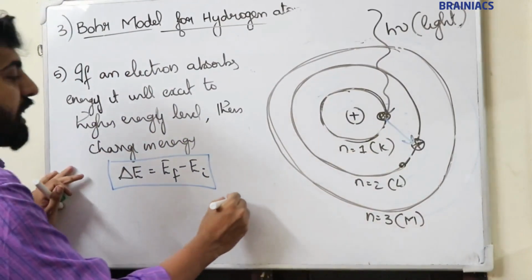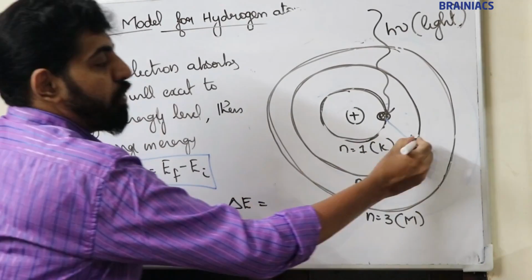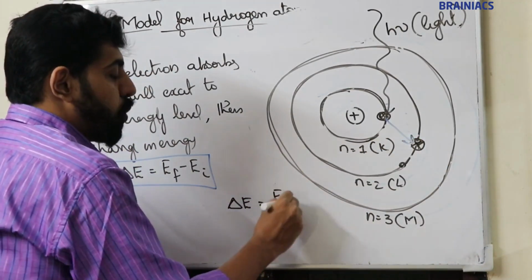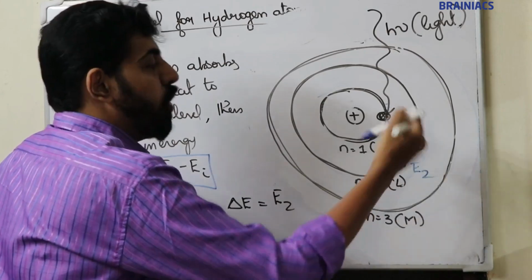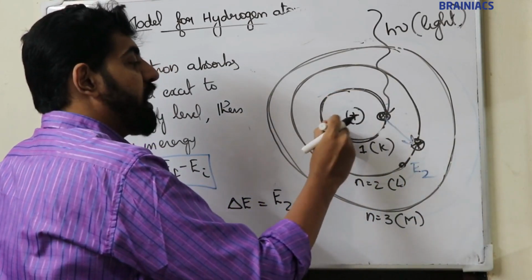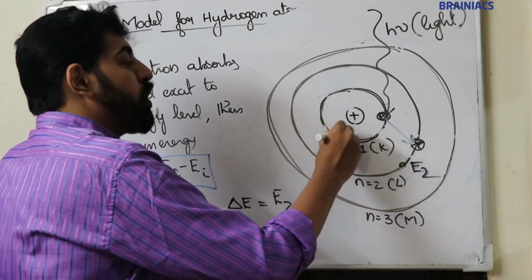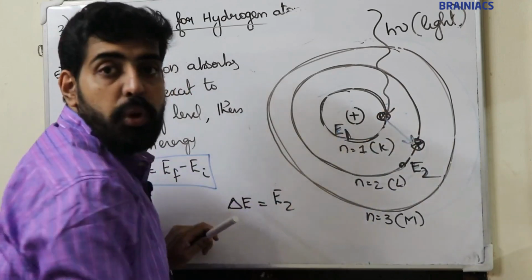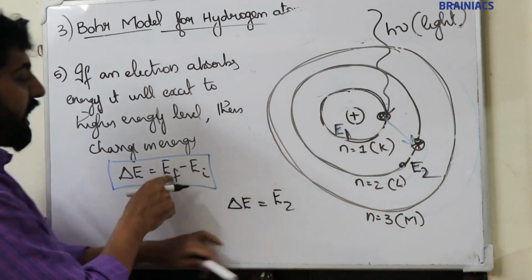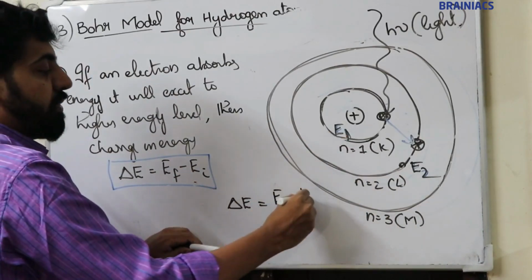So what is delta E? Change in energy is equal to final energy minus initial energy. Here final energy is E2. Let the energy of the second shell be E2 and the energy of the first shell be E1. So here the electron is moving from the first shell having energy E1 to the second shell having energy E2. So change in energy is equal to final energy, that is E2, minus initial energy, that is E1.